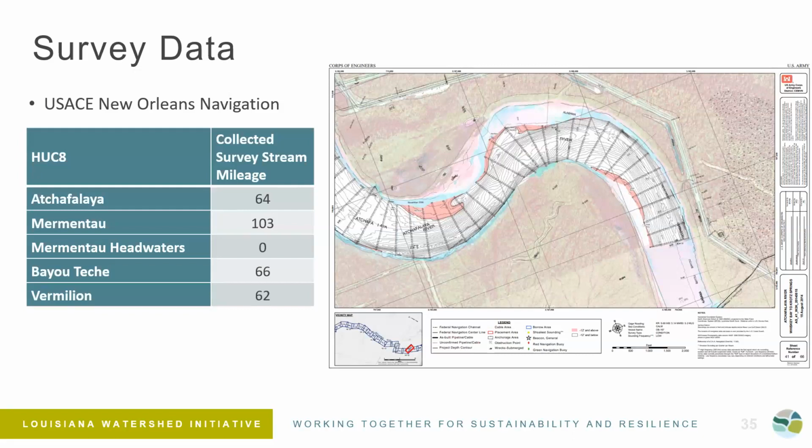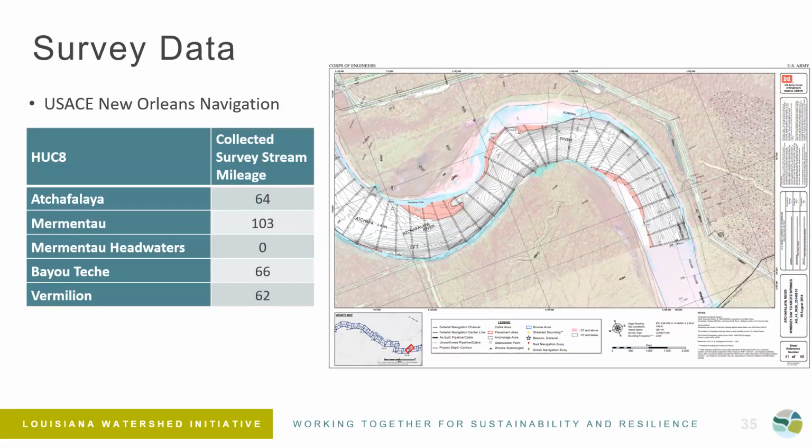Getting onto the survey. This was, I think, a monumental effort, number one, and let's figure out what's available already. One of the biggest sources of data for us that was free, readily available, and all it required for us was to download and process it, was the Corps of Engineers New Orleans District navigation data.